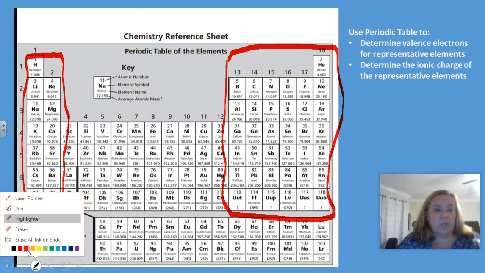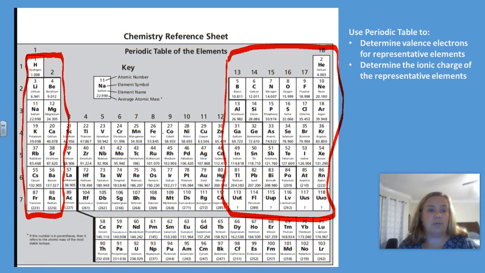So quickly, I just want to recall that this first column here has one valence electron, the second column, two valence electrons, and then we come over here to the third column, column 13, which has 3.